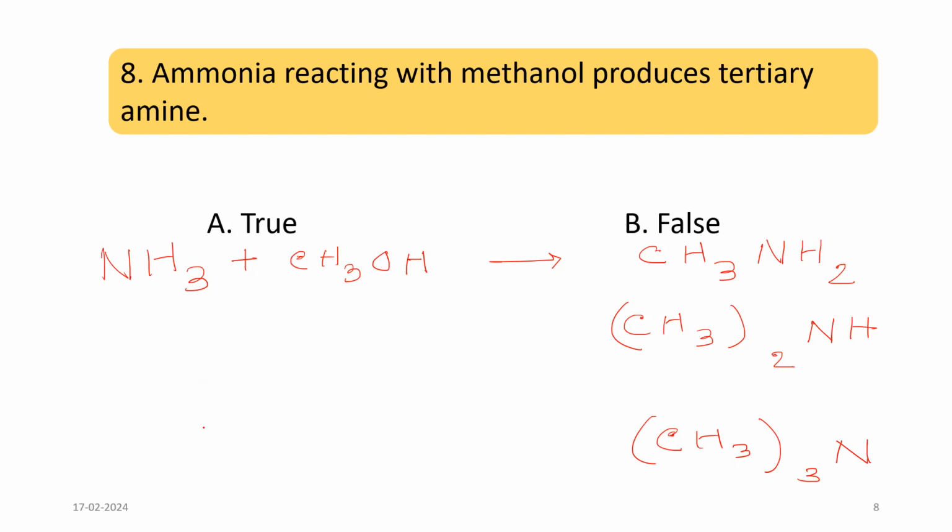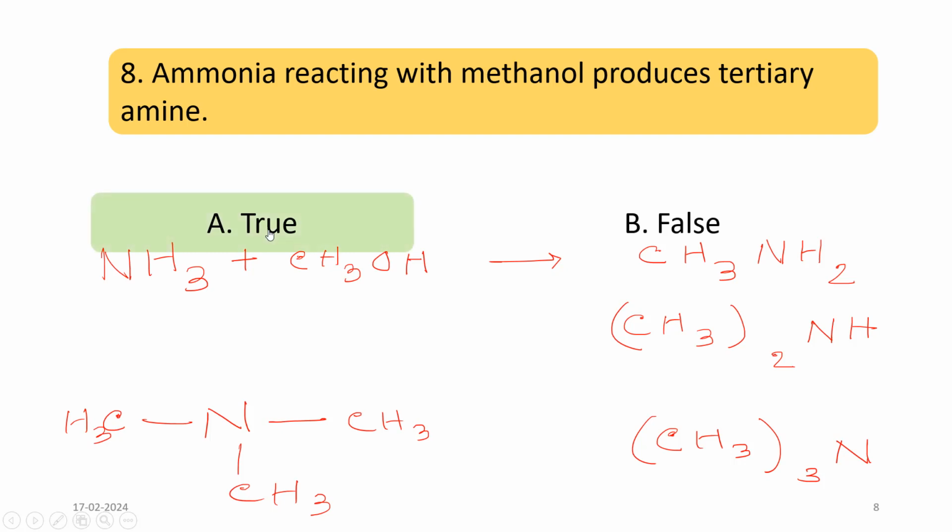So the structure of tertiary amine is like this. Here this is CH3, here CH3, and here CH3. So ammonia reacting with methanol produces all types of methylamines. So tertiary amine is also produced. That means the sentence is true.